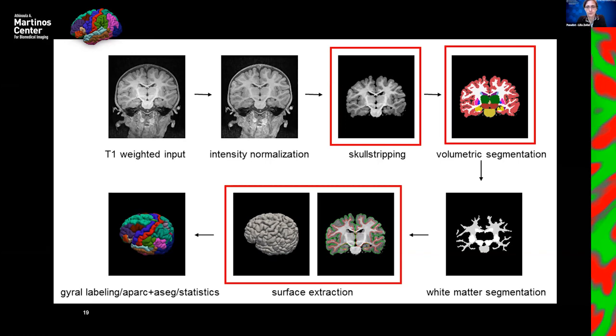Then comes the volumetric segmentation step, where we label or assign identifiers to key elements or regions of interest in the brain, for example, putamen, thalamus, gray matter, white matter, and so on.